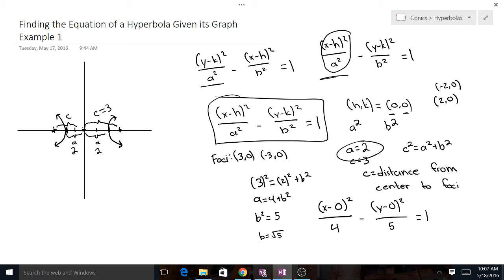Then we can simplify this because it's x minus 0 and y minus 0, and we simply get x squared over 4 minus y squared over 5 equals 1. And that's our final equation.